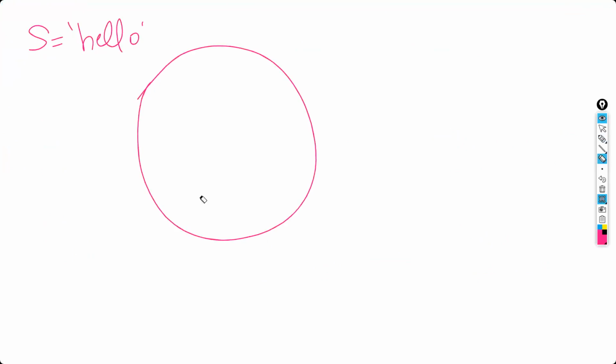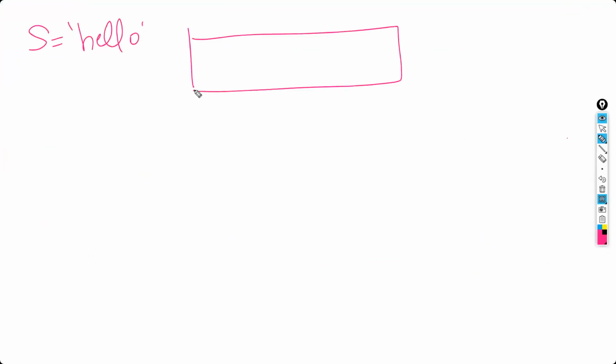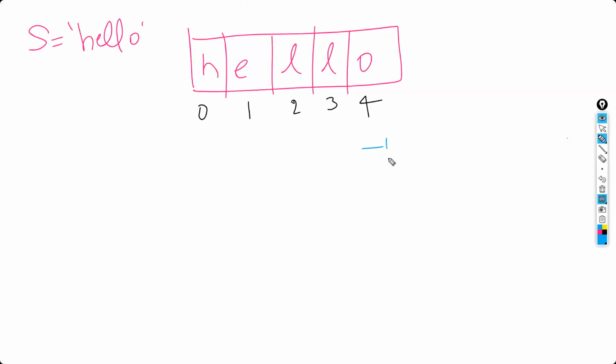For your better understanding, I'm drawing the big diagram: H, E, L, L, O. And the index numbers are given. Positive index numbers are 0, 1, 2, 3, 4. Negative indexes are given as minus 1, minus 2, minus 3, minus 4, and minus 5. Observe this clearly when I'm writing the numbers one more time.